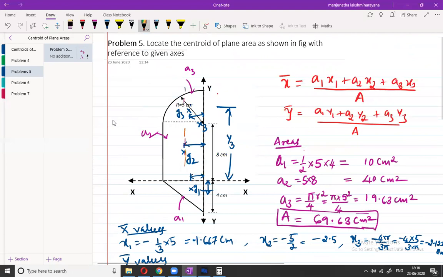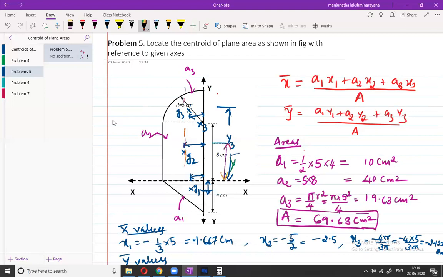Next, whether y bar is right or wrong. If you see here, this side area is almost balancing this side area, so it will be almost half. So 4 plus 8 plus 5, that divided by 2. 4 plus 8 means 12, 12 plus 5 is 17, 17 by 2, around 8.5. That is from here to here, and minus 4, you will get this distance, which is what is called y bar.